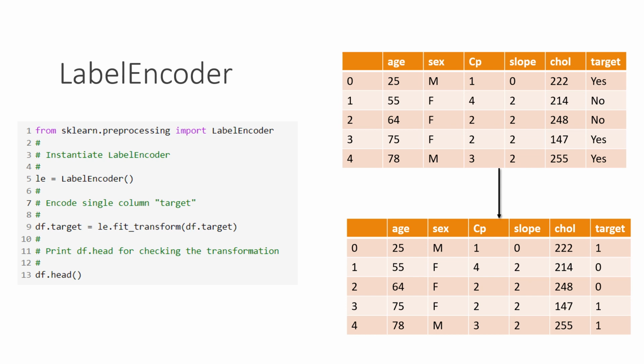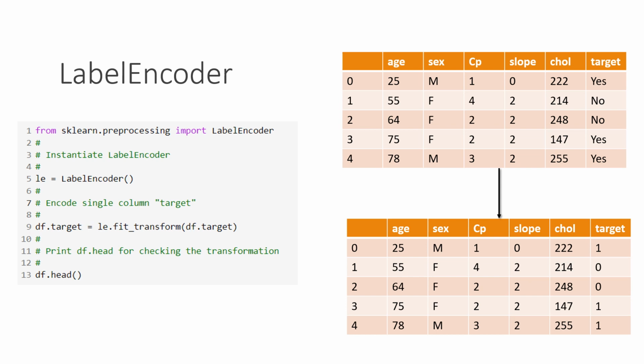The third line of code applies the label encoding to the target column of a pandas data frame df. The fit_transform method of the LabelEncoder class is called on the target column to encode the categorical data into numerical labels.